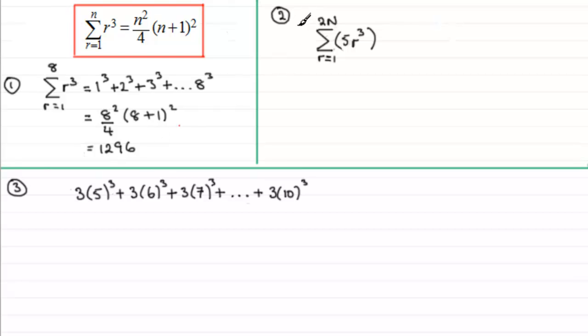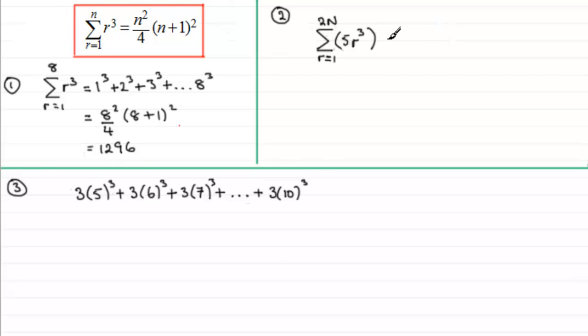I picked number 2 because in this example we're going from r equals 1 not to n but to 2n, a big N here. And we're also summing not just r cubed but 5r cubed, a constant times the r cubed.